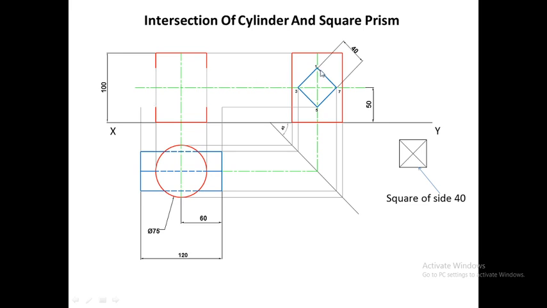Now we will project the side view in the front view. So for drawing this rectangle, just draw two vertical lines from the end in the front view and project points 1, 3 and 5 from the side view into the front view, and complete the rectangle in the front view.